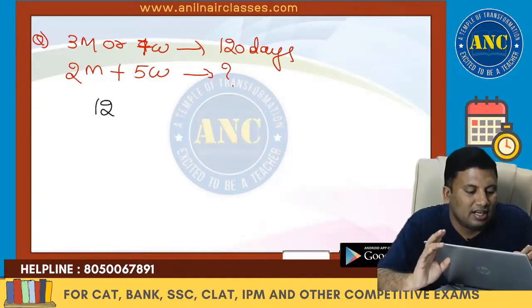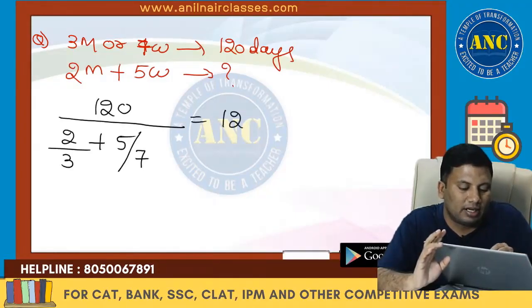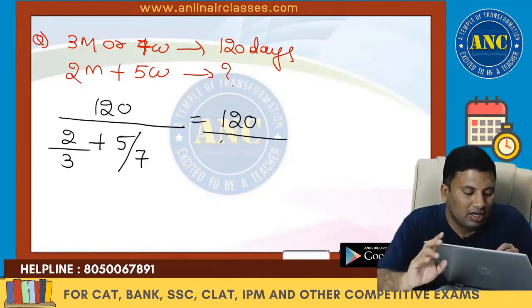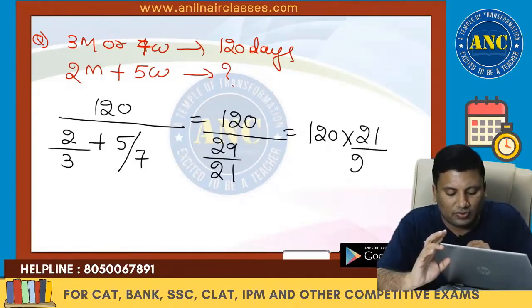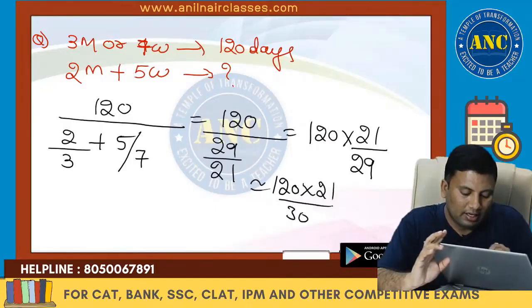Answer is days divided by and by R: 2 by 3 plus 5 by 7. This is nothing but 120 divided by 14 plus 15, 29 divided by 21. Answer is nothing but 120 into 21 by 29. If I approximate it to 30, answer will be closer to 84, just less than 84.